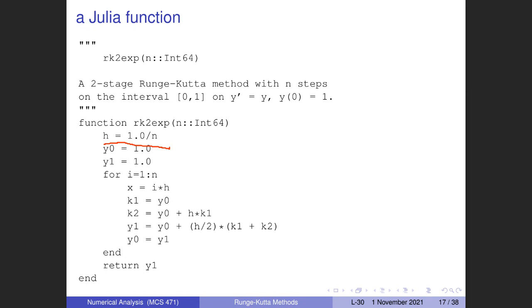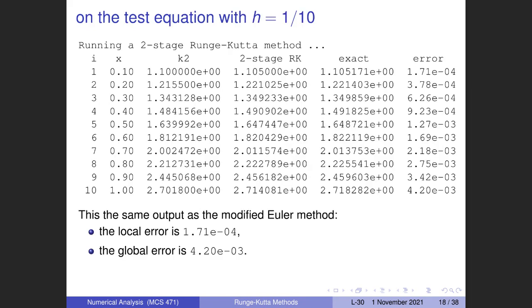It's very straightforward. And here you see the output on the test equation, where local error was expected to the power 3. Sometimes the error is less, sometimes the error is larger. But you see the relationship between the local error and the global error. So there is this order difference.